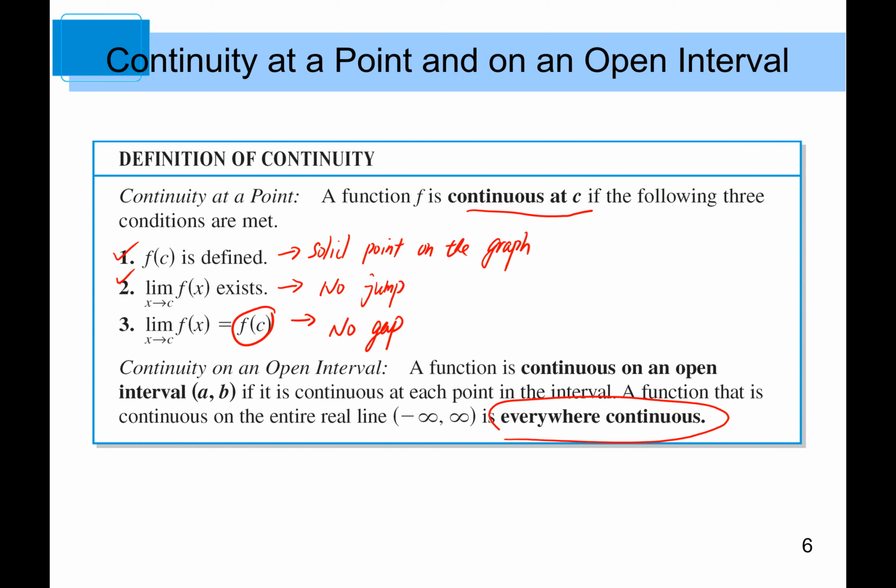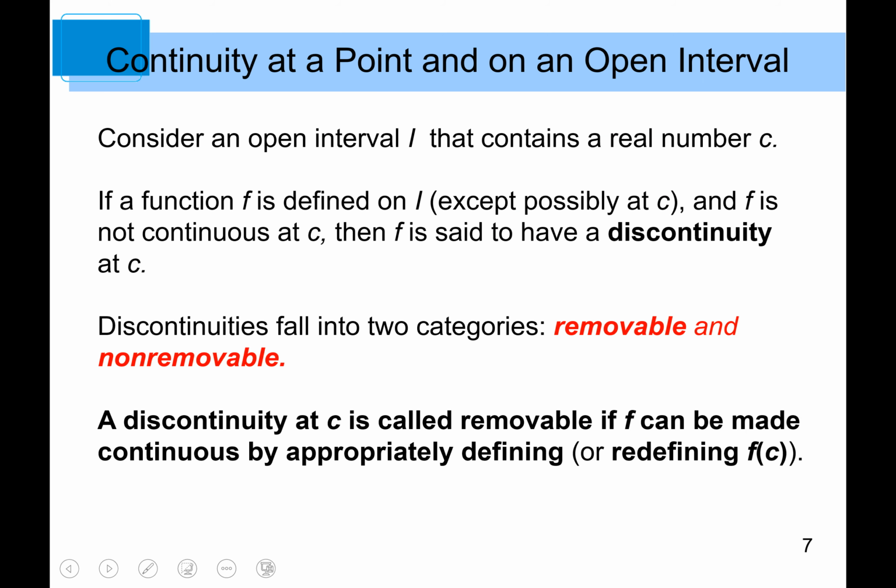So it's continuous everywhere, which is the best case. Consider an open interval I that contains a real number c. If a function f is defined on the interval, except possibly at c, and f is not continuous at c, then f is said to have a discontinuity at c.